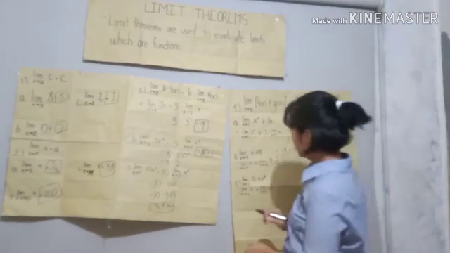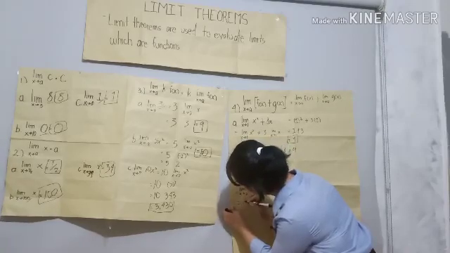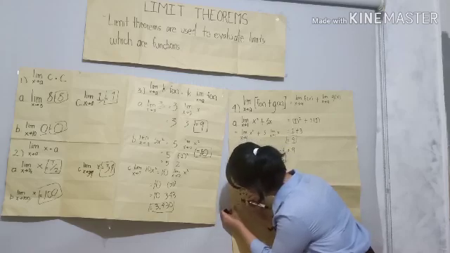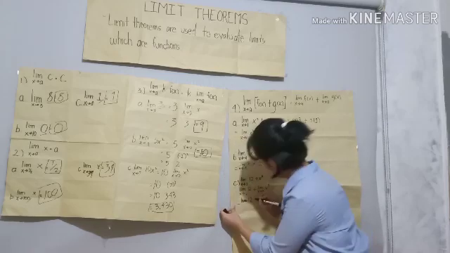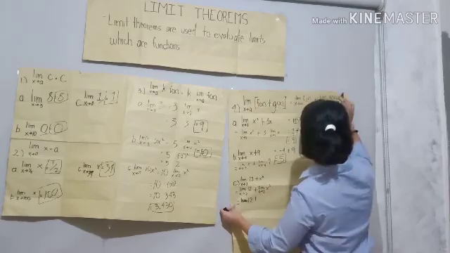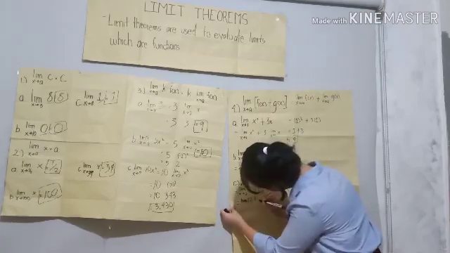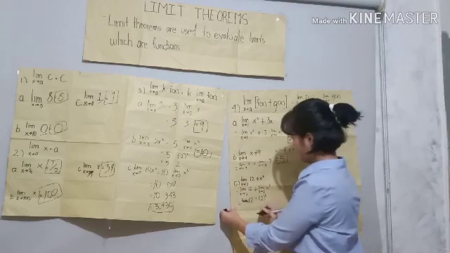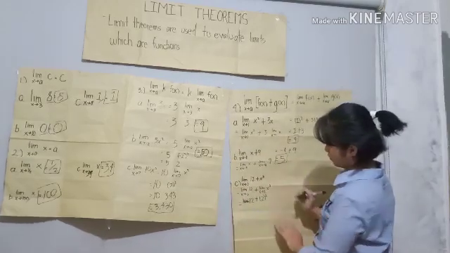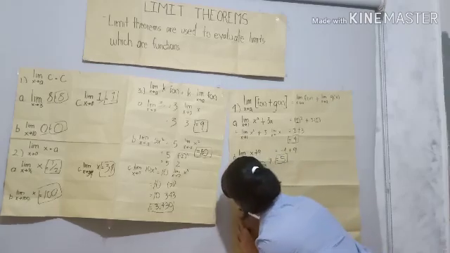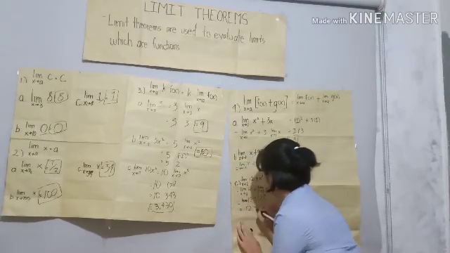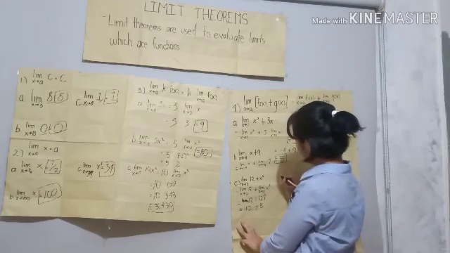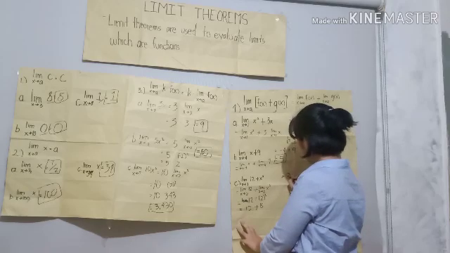Then substitute the value of x. Then 12 plus 2 cubed. 2 cubed is equal to 8. 12 plus 8 is equal to 20.